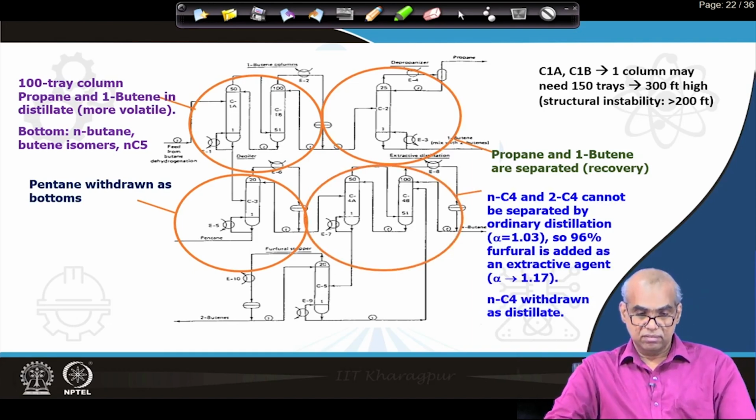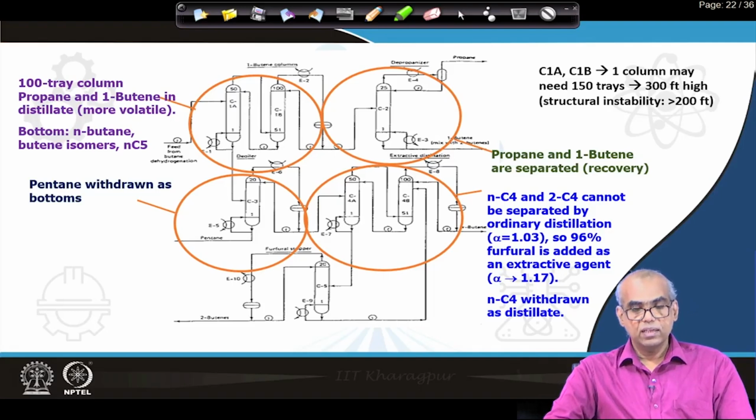So, the distillate, which is N-butane and 2-butene isomers, cis-butene and trans-butene, they go to C4A, C4B columns. But N-butane and 2-butenes cannot be separated easily by ordinary distillation column because of very low relative volatility of 1.03.